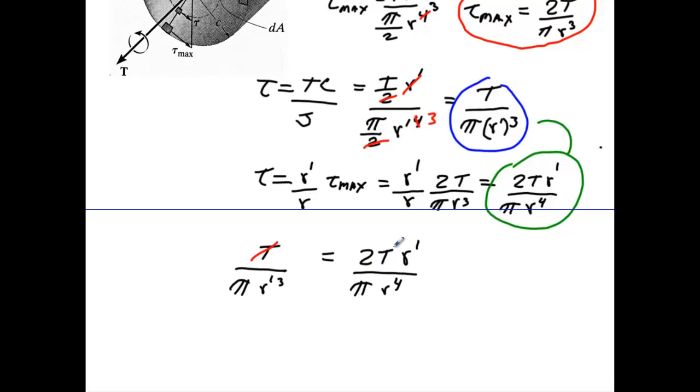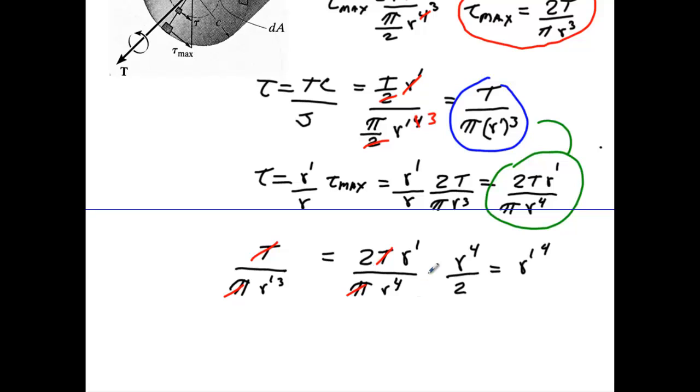The torque's gone, the pi's gone. We're looking to solve for r prime, so I'm going to bring r prime up here and bring everything else to the other side. When I do that, wouldn't the other side be r to the fourth over 2 is equal to r prime to the fourth?